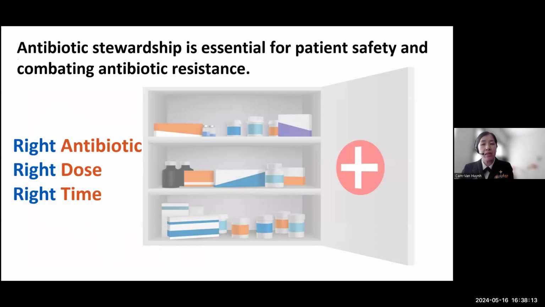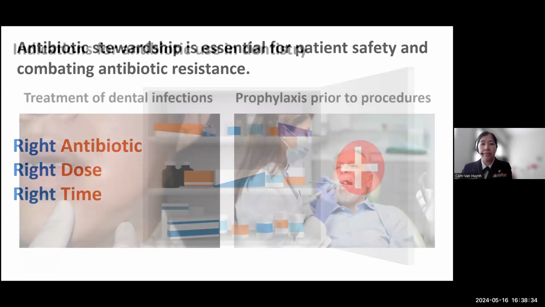It includes a set of commitments and actions designed to optimize the treatment of infections while also reducing adverse events associated with antibiotic use or suboptimal use. That way, patients don't receive unnecessary antibiotics, and when they do need them, they get the right antibiotic at the right dose and for the right time. And antibiotic stewardship applies to all healthcare settings, including the dental setting.